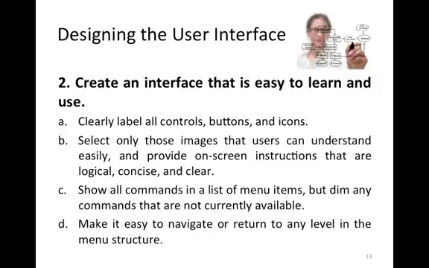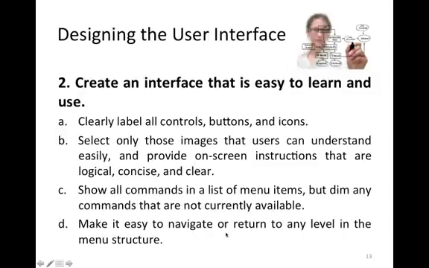If one of those is not currently available, that is, it's not an option that I can use at this point in my work, I want it to be in that list, but it should be gray. They also call it grayed out, not just dimming, but grayed out, so that I know that it's still there. All the commands are there. I just can't click on it. I have a visual clue that it's not usable to me.